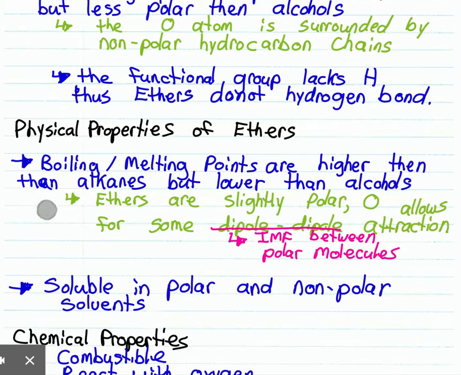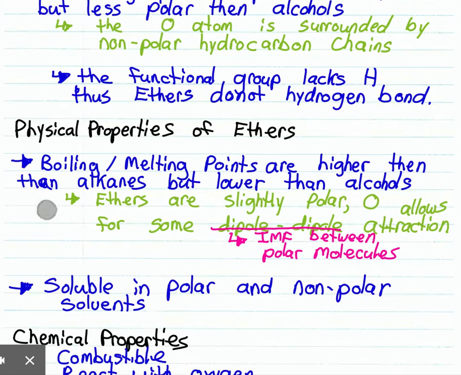Because the ether has a whole bunch of nonpolar hydrocarbon chains and a polar bond with the oxygen, ethers are actually soluble in polar and nonpolar solvents. So they're actually used to dissolve things that water cannot dissolve.